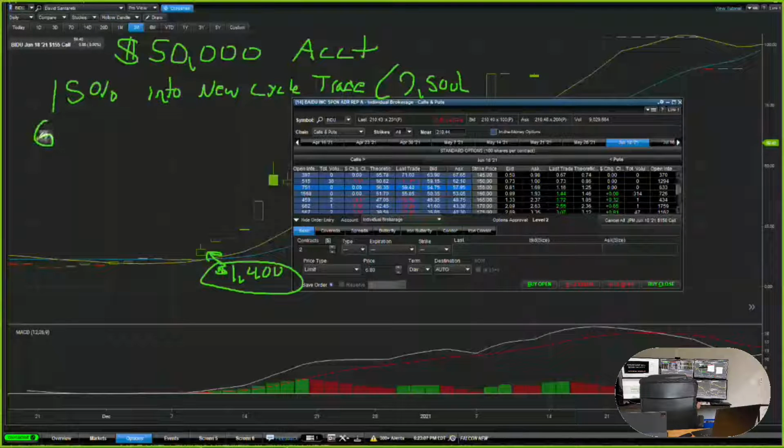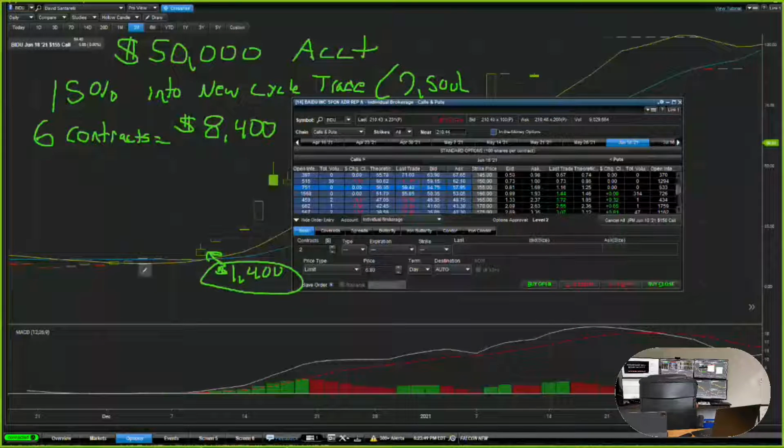So 6 contracts equals 6 times 1,400. That equals an $8,400 trade. Now, again, this is just a more expensive stock right here. That's why it's so much. But it's only $1,400 per contract. But I'm going to show you a cheaper one like we did on AMD today. Okay, so you got 6 contracts for 8,400 bucks, right?